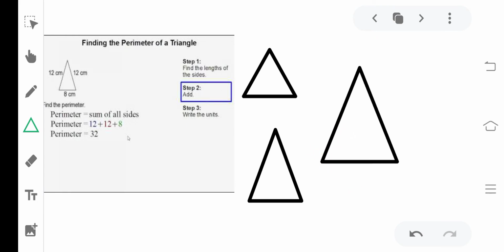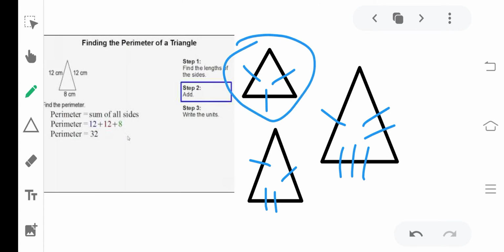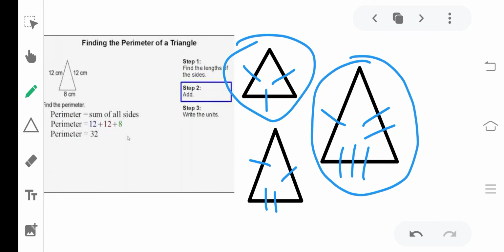In the isosceles figure, these two sides are congruent, and one is different. In an equilateral triangle all sides are equal. In a scalene triangle no side of the triangle is equal. In an isosceles triangle only two sides are equal.